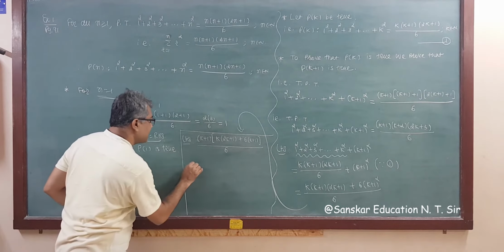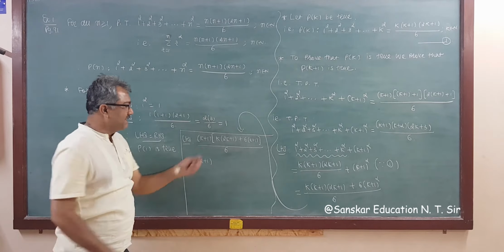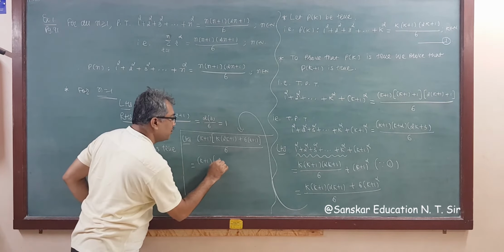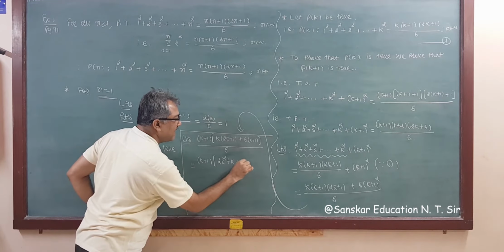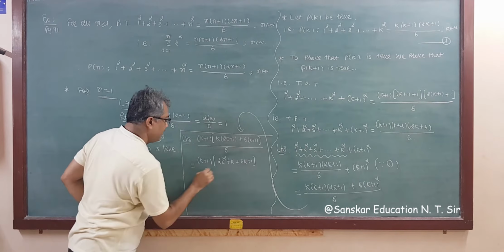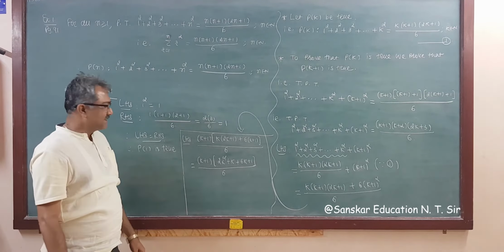Right? So now this is k plus 1. Multiplying this, what we get? 2k square plus k plus 6k plus 6, divided by 6, right?